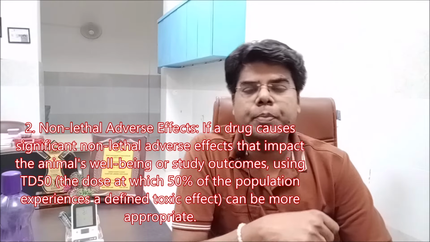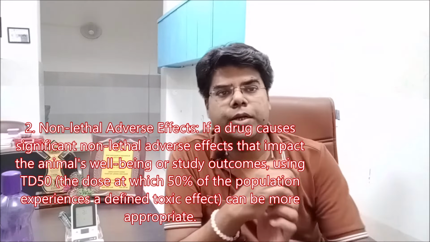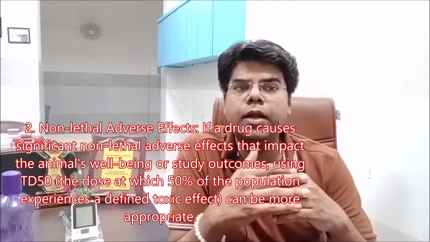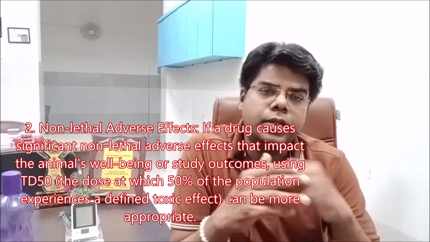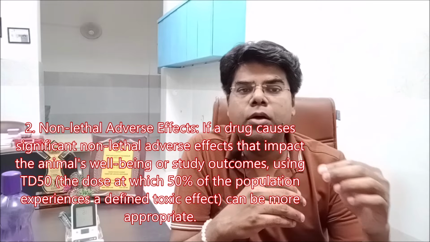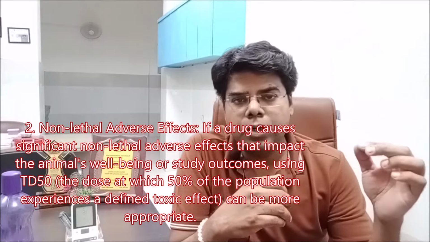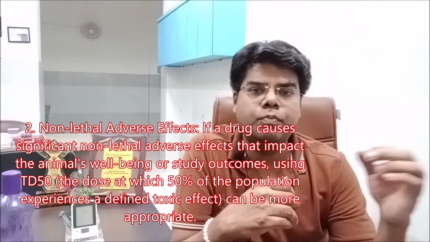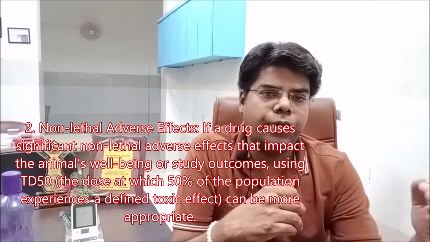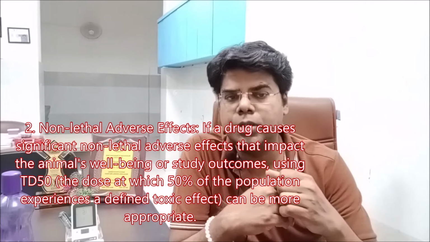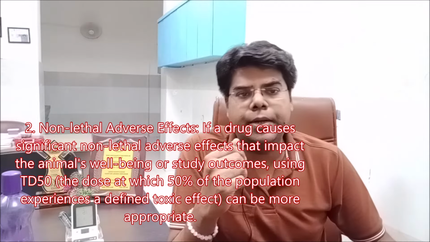And the second example is non-lethal adverse effects. If a drug causes significant non-lethal adverse effects that impact the animal's well-being or study outcomes, using TD50, that is the dose at which 50% of the population experiences a defined or particular toxic effect, can be more appropriate.